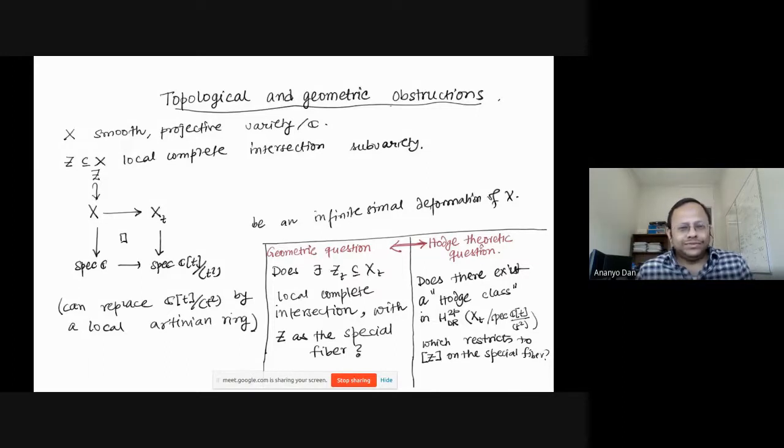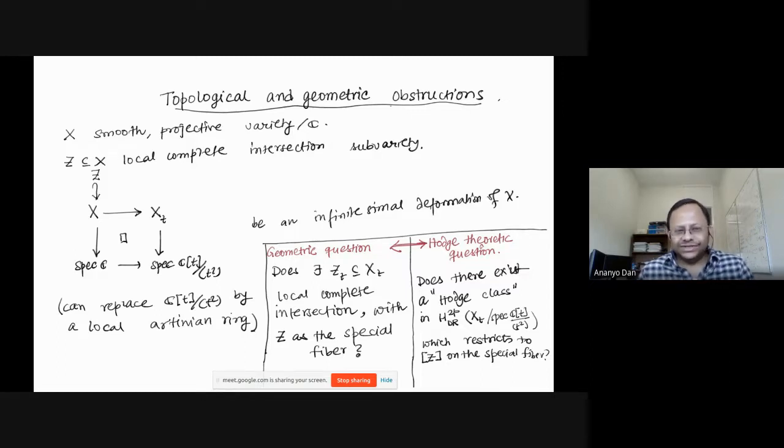We all know that there is a geometric obstruction theory, by which we mean that if I start with a smooth projective variety and I look at a local complete intersection subvariety in it, then we always want to know if I take an infinitesimal deformation, or a first order infinitesimal deformation, of the smooth projective variety, whether this smaller subvariety, which in this slide is denoted by Z, also deforms when I deform X.